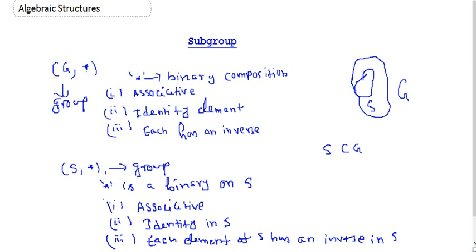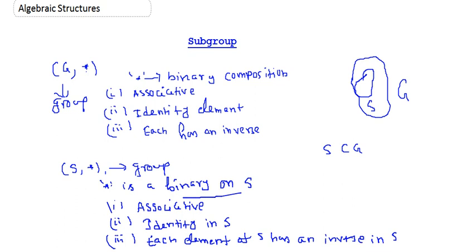So we have a group G with star, and S is a subset of G. If under the same induced composition as the composition of G, S becomes a group, which means star is a binary composition on S, star is associative, S has an identity element, and each element of S has an inverse in S, then we call that subset a subgroup.